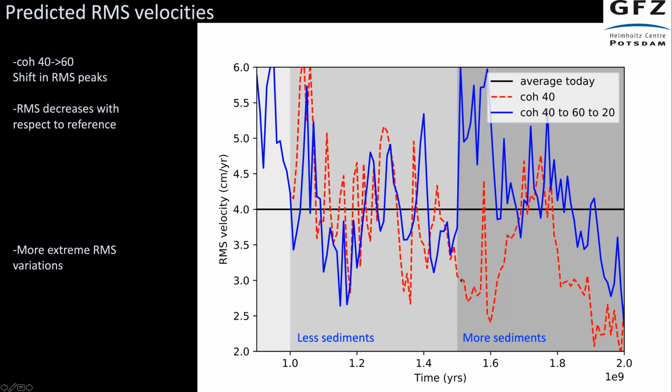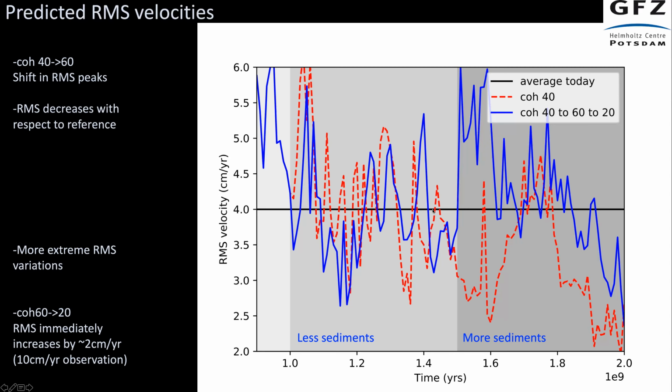And then here on the right-hand side, after 1.5 billion years, as we decrease the strength of the lid to reflect having more sediments in the subduction zones, we see much more extreme variations compared to the reference model. This is as the new subduction zones are forming.